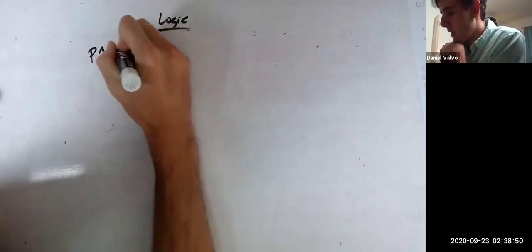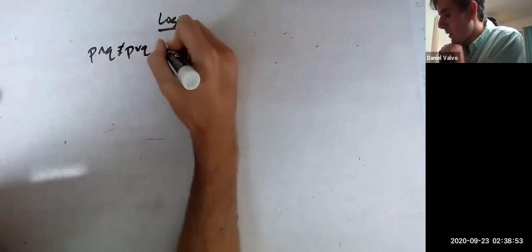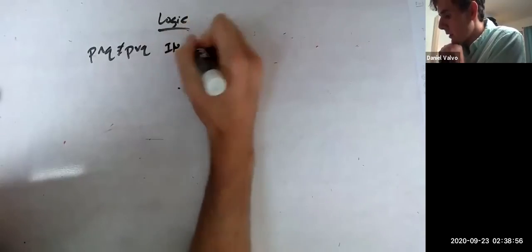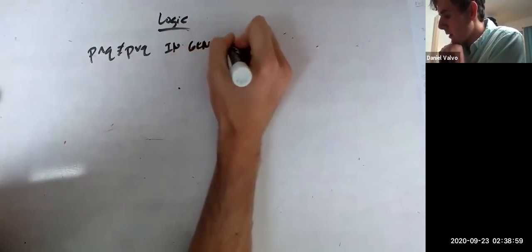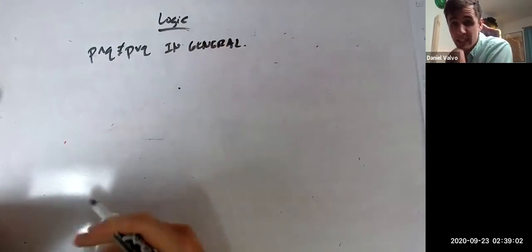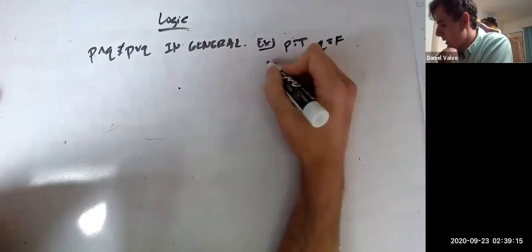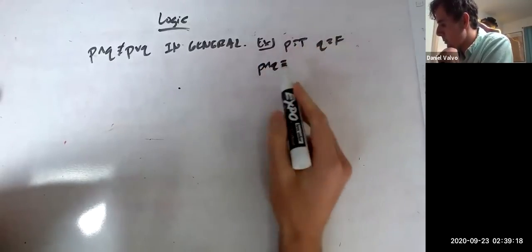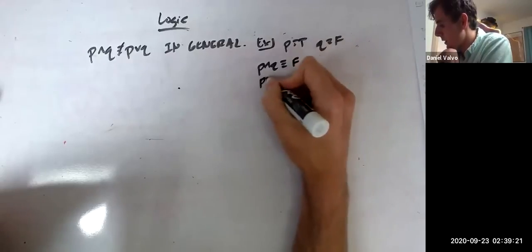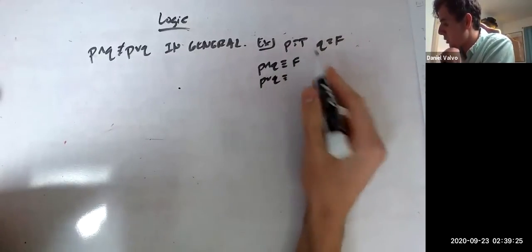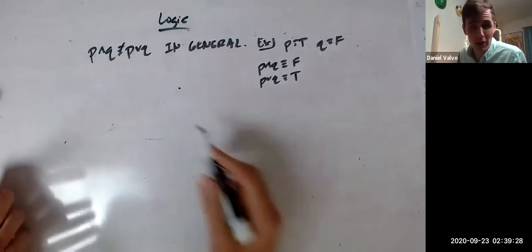In logic, P and Q does not equal P or Q in general, because, for example, if P is true and Q is false, then P and Q is true and false, which is false, while P or Q is true or false, which is true. So true does not equal false. So in general, this equation doesn't hold.